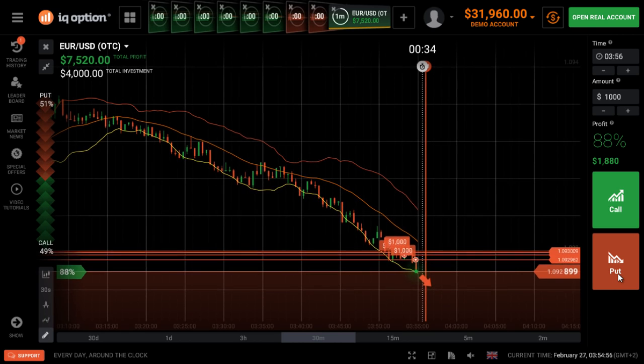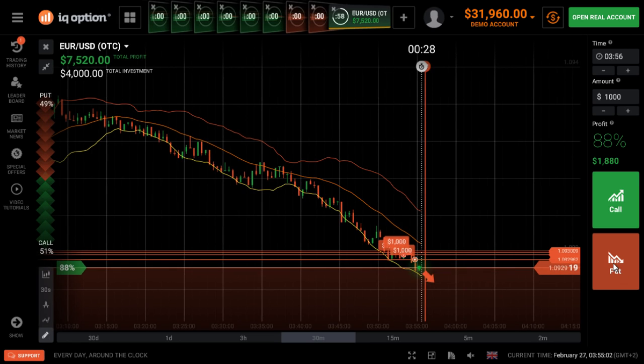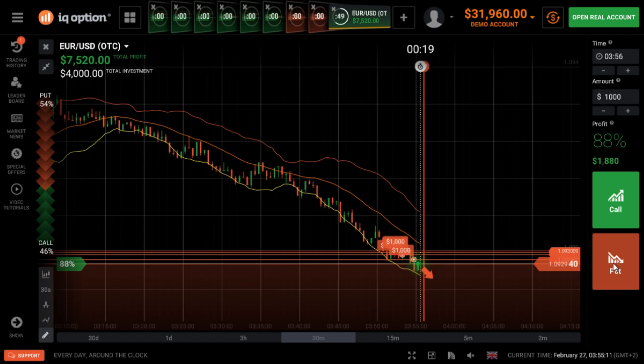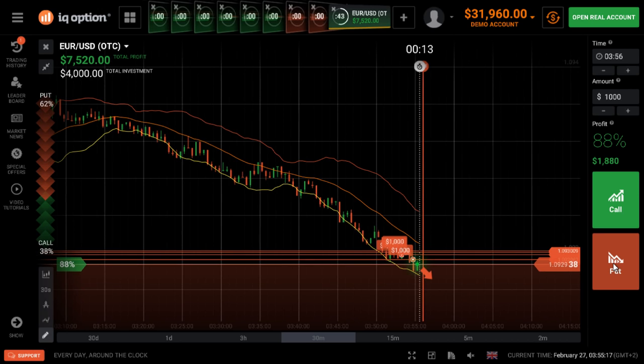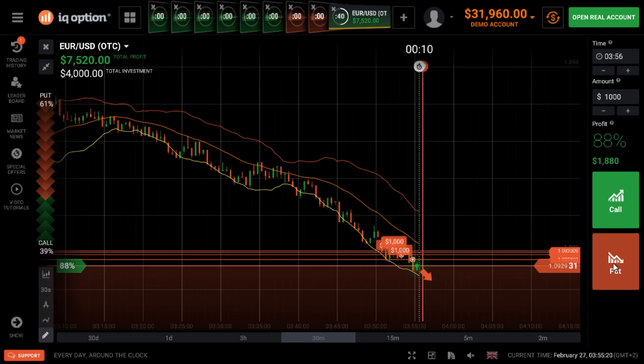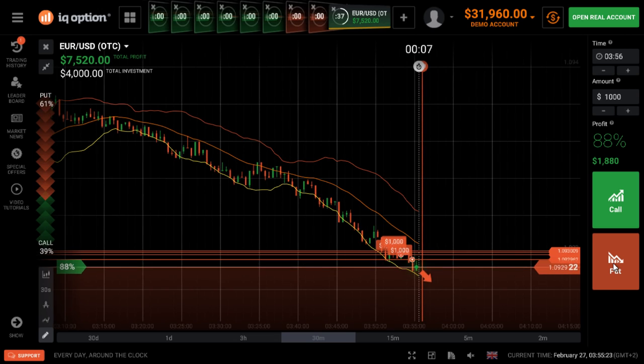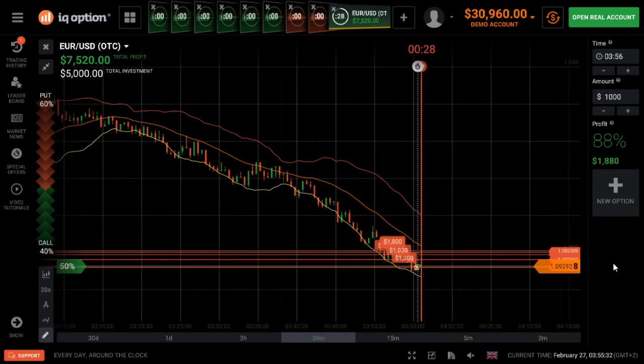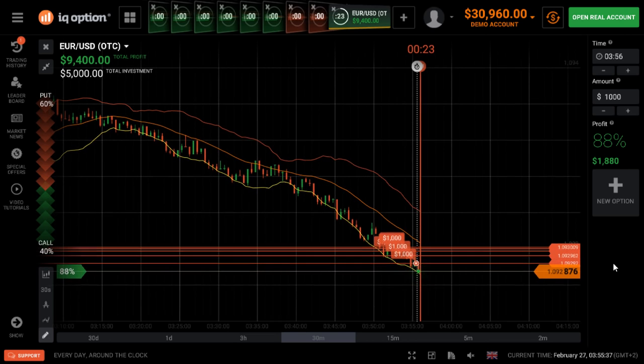Right now the candle is not that fast, very slow, halting quite a long time at the moment to moment. And as you can see, euro has been keep falling every minute.